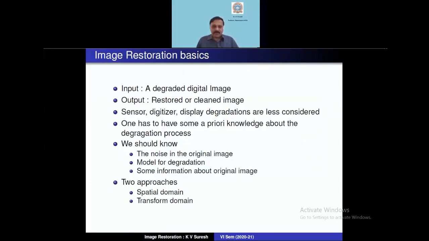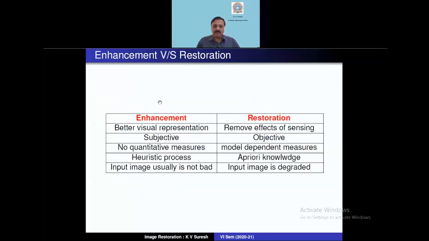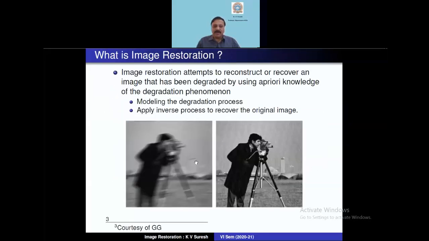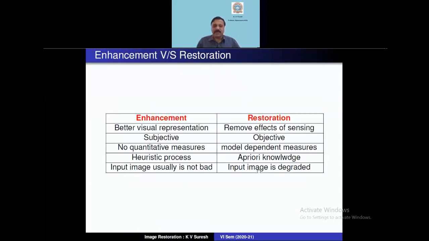Okay, so now let us try to model the problem by taking care of what is the input and what is the output, and what is the requirement. So in image restoration, as you all know, I have a degraded image and I want a clean image, or I have to recover the original image from that.